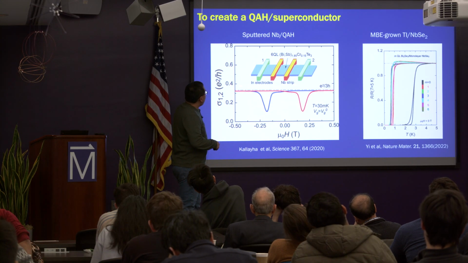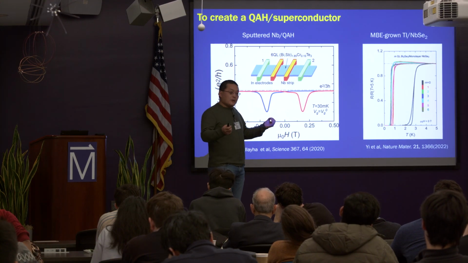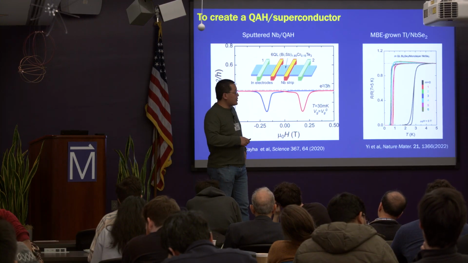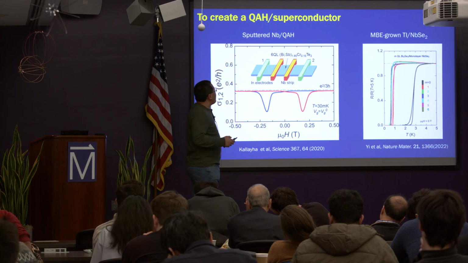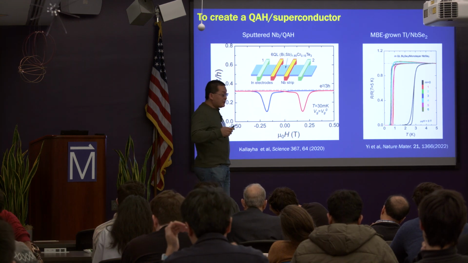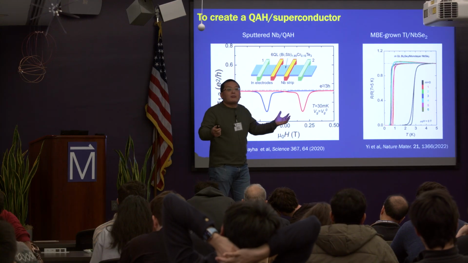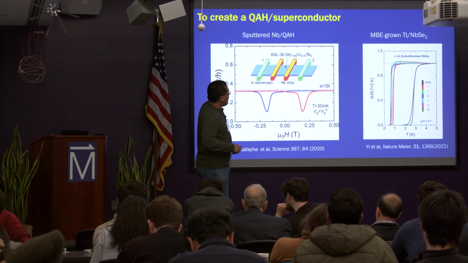This niobium layer is really thin, 100 nanometers thick, and polycrystalline, and it just shorts the sample. There is no Majorana physics based on the electrical transport measurement.